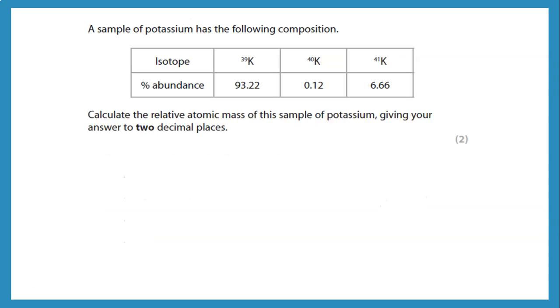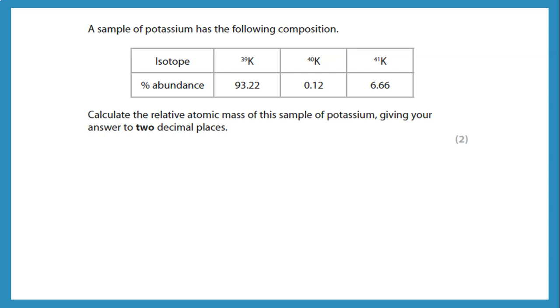Okay? Another example, a sample of potassium has the following composition. So he gives me the different isotopes with their different percent abundance. Again, he's saying calculate the relative atomic mass of this sample, giving your answer to 2 decimal places. Please be careful. Give him what he's asking for.